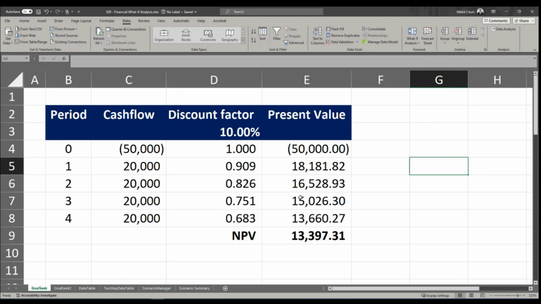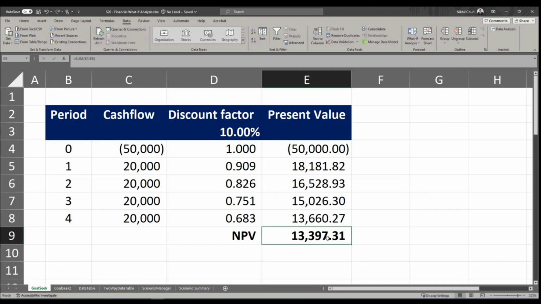Now let's take a quick look at the table. You can see here that the NPV of the project, if you go by standard practice, is going to be 13,397. This is based on all the calculations you've done in the last 4 assignments. Now suppose in the long term I am doing the planning for my business or my project, and I want this NPV to be, say, $20,000.